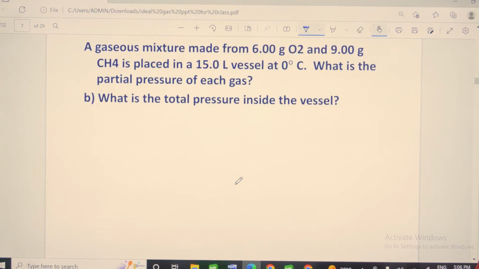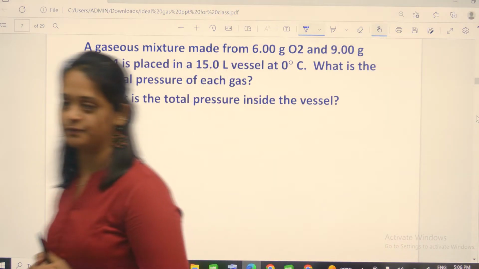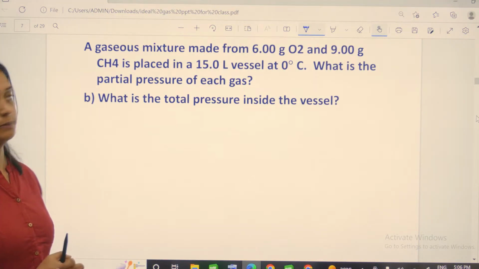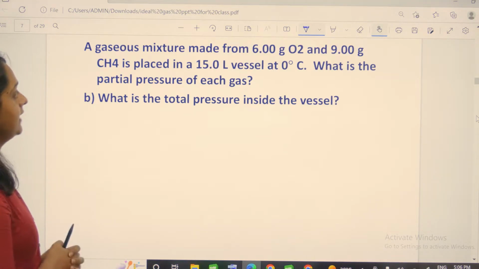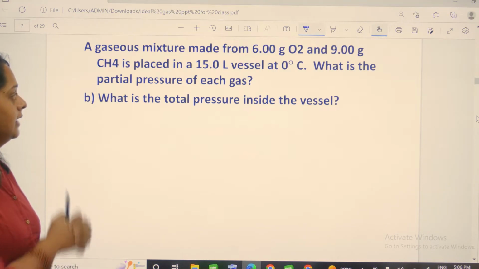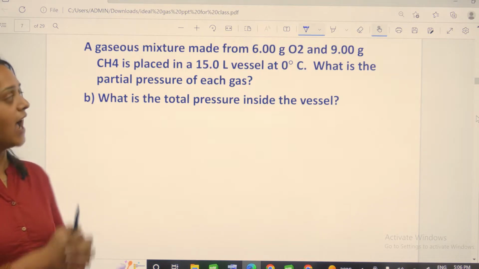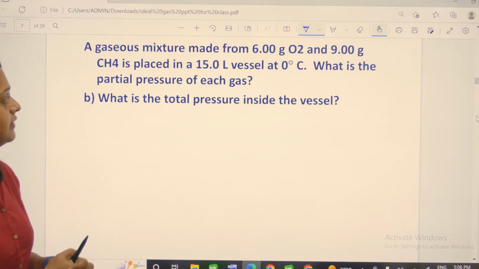Okay, let's do this. This is a very interesting question. A gaseous mixture made from 6 gram of O2 and 9 gram of methane is placed in a 15-liter vessel at 0 degrees Celsius. So what all information is given to me?